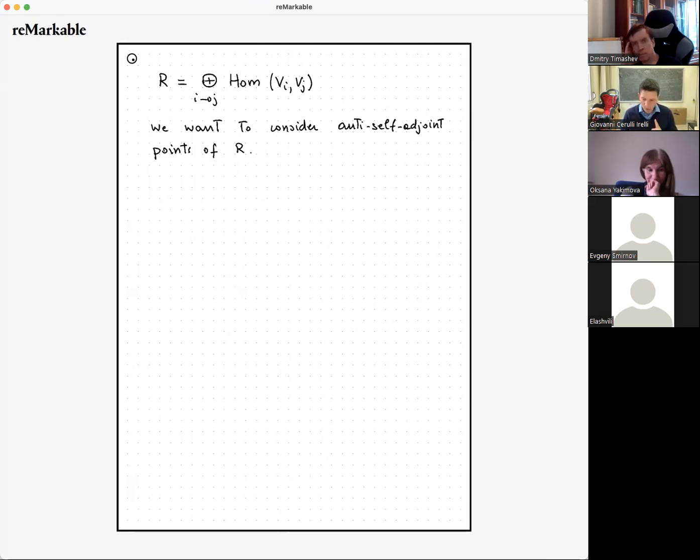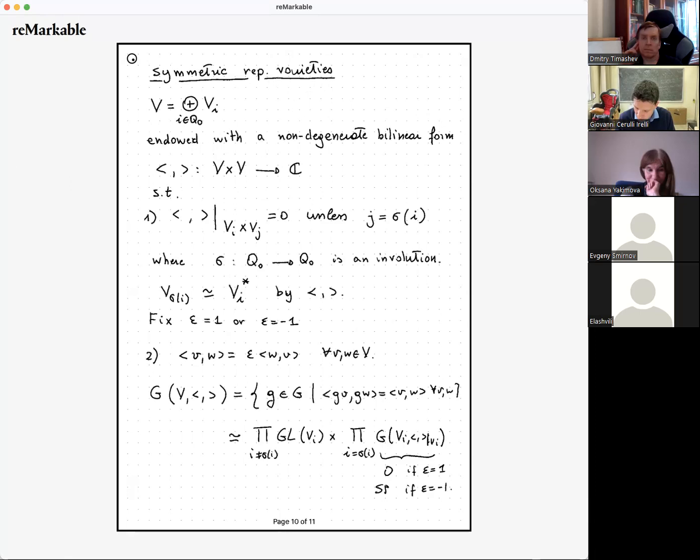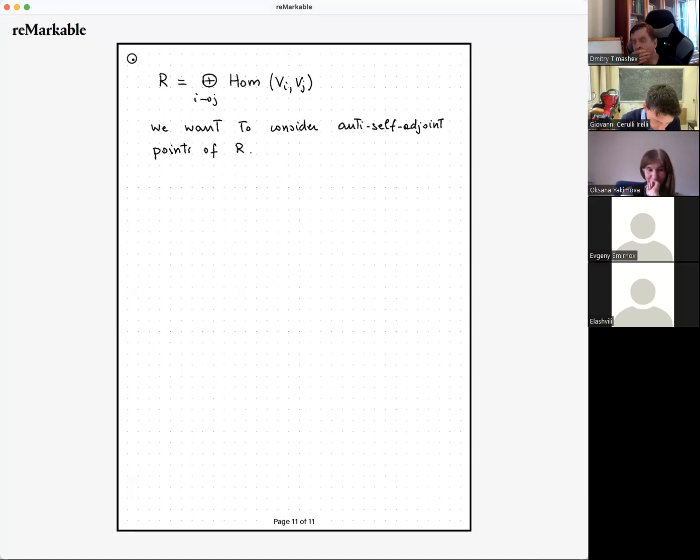Okay, so what do we want then? You see we have to require something about the arrows, because here there is no request on the arrows. So sigma is just some bijection between the vertices.